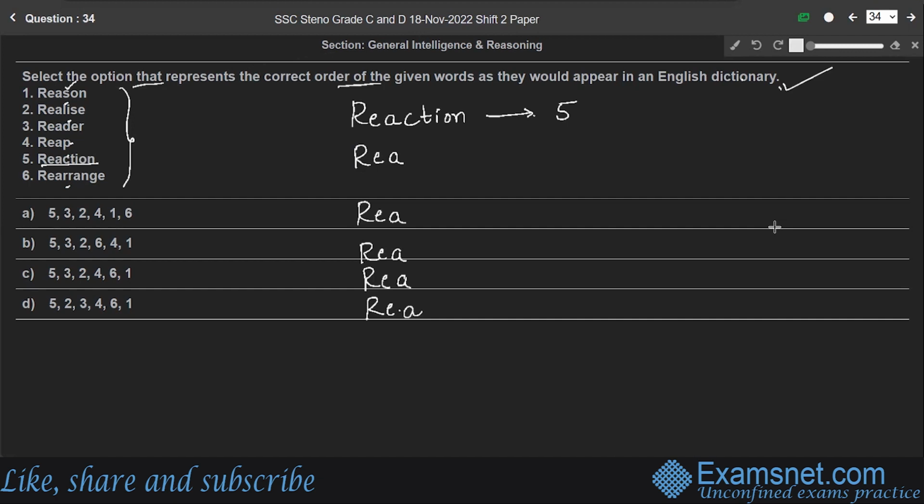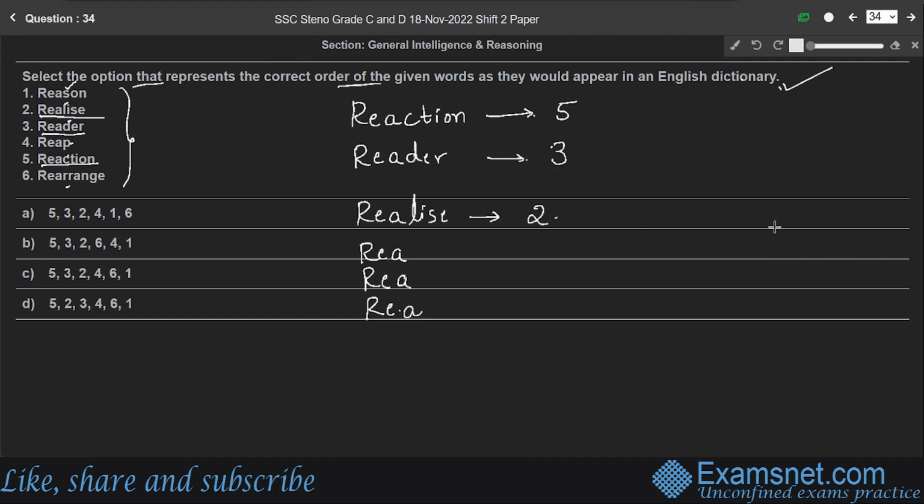After C, the fourth letter will be D, so reader comes after reaction, which is the third word in the question. After D, L comes, so realize comes, which is the second word in the question.